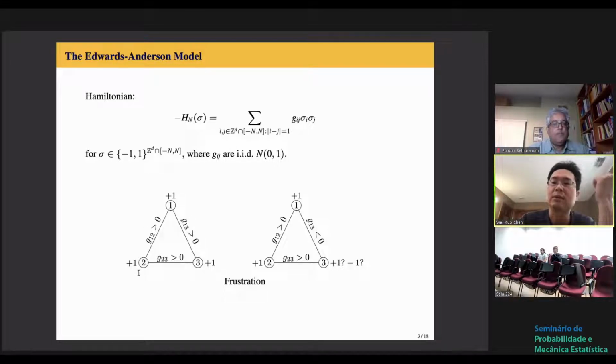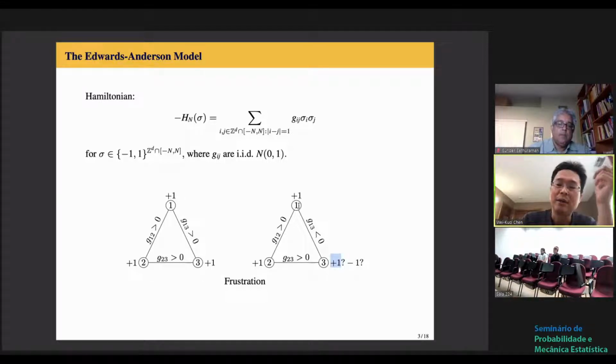But right now, if you have a slightly different sign among the G's, say here is negative but the other two are positive, let's say 1, 2, and 3. Then if you go 1 to 2, since this is positive, you want to put positive. And then 2, 3 is positive, so since here is 1, you want to put positive.